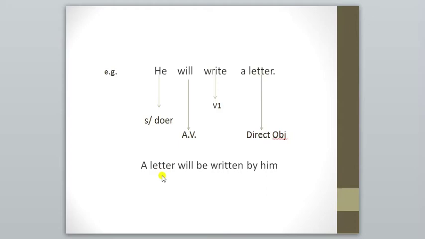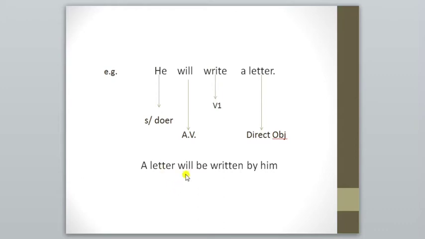Correct? If your object is I, means the first person pronoun I, then write down shall. But what is our object? A letter. Right? Means here this noun stands for which pronoun? It stands for it. Okay.